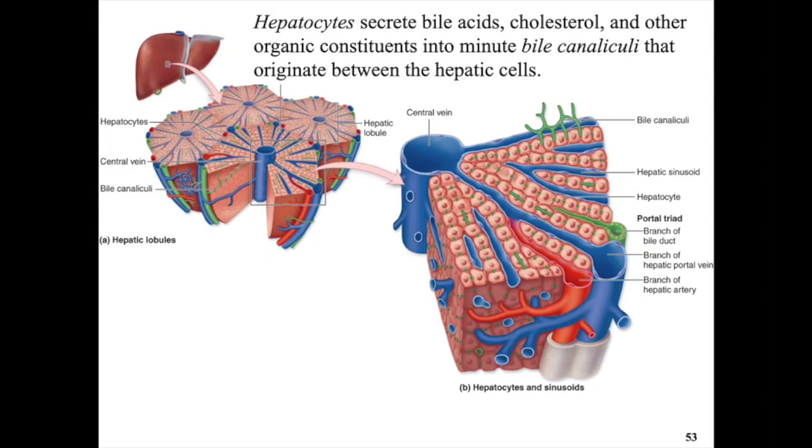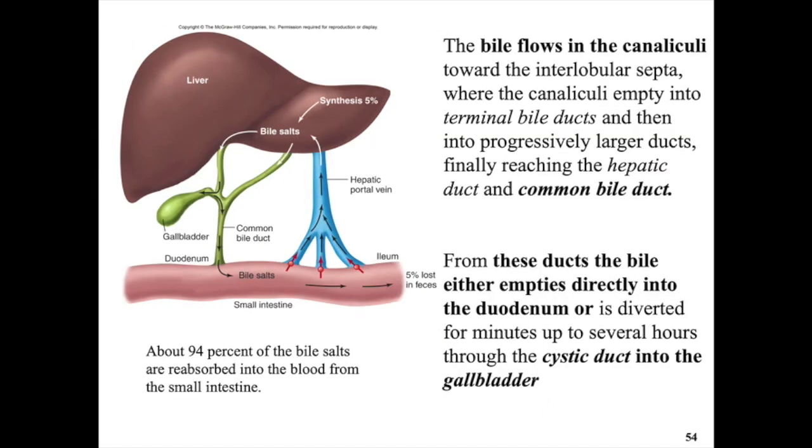This is also a reminder of your anatomy. Just here we have the hepatocytes. It's a good reminder that the hepatocytes are the ones that produce the bile. So the bile flows into hepatic ducts.